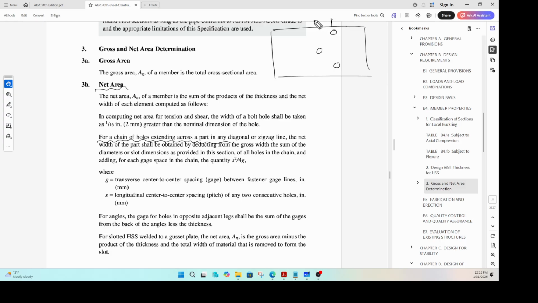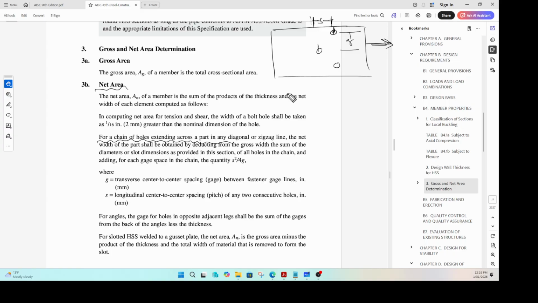There is one dimension called S, and another dimension in this direction called the gauge, G. Here is the direction of the loading. The dimension parallel to the direction of loading is S, the distance between this bolt hole and that bolt hole in this direction. And dimension G is perpendicular to S. Given S and G, you can calculate your net area as follows.